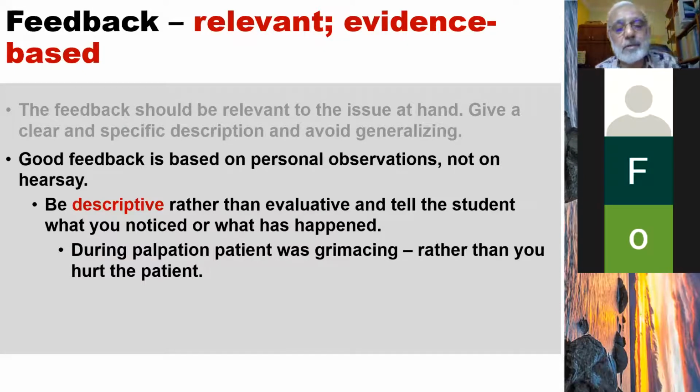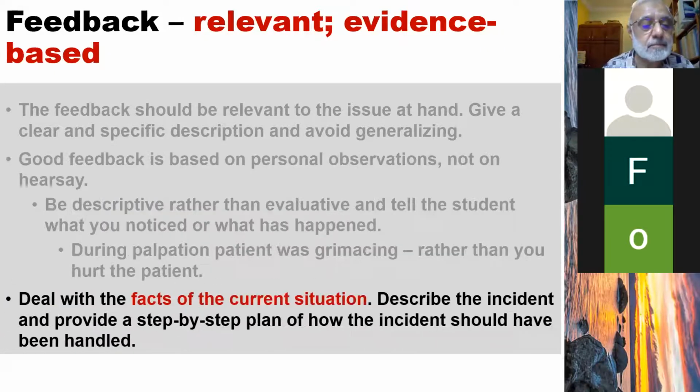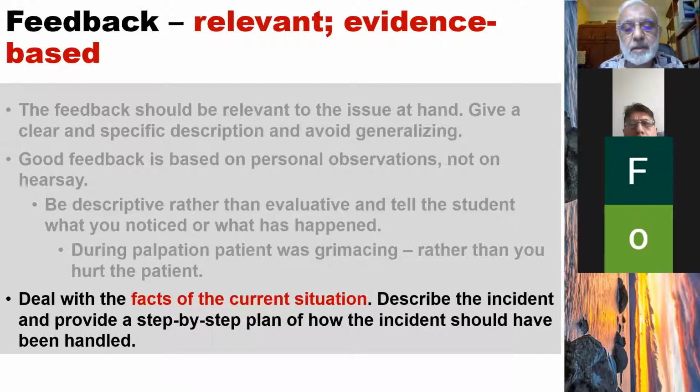For example, during palpation, the patient was grimacing, rather than saying that you hurt the patient. Deal with the facts of the current situation. Describe the incident and provide a very clear, step-by-step plan to address the situation.